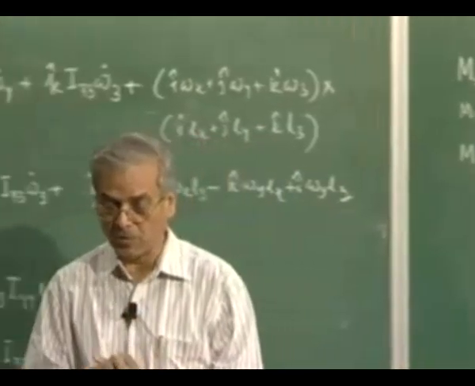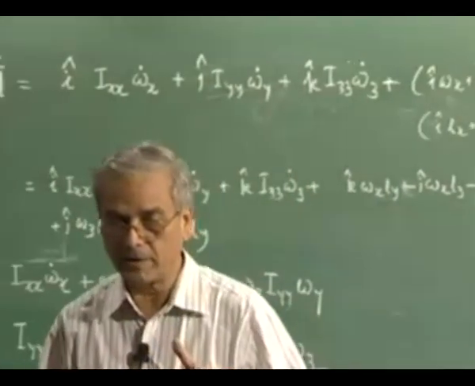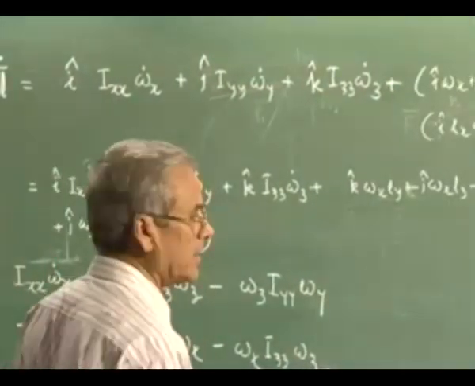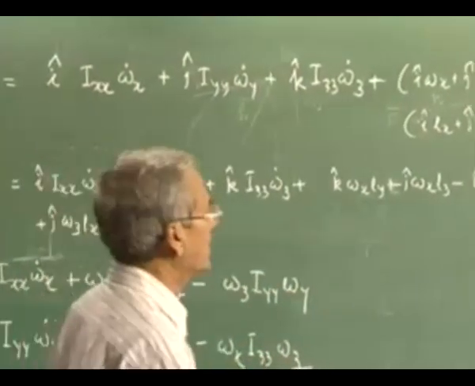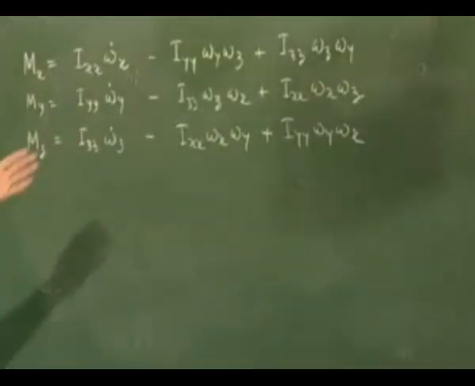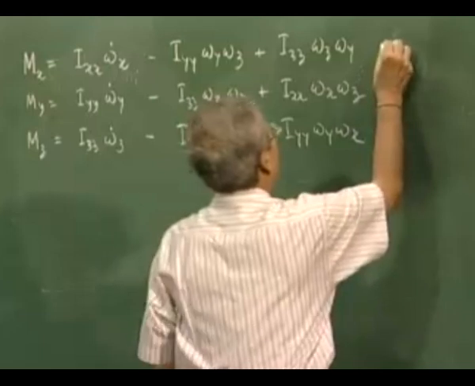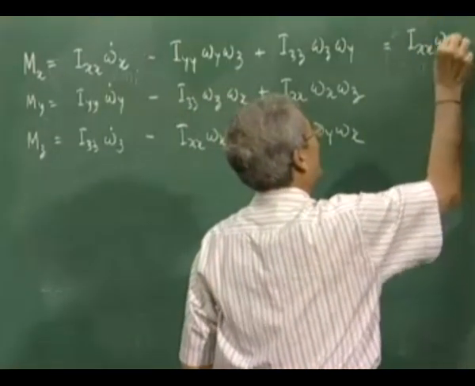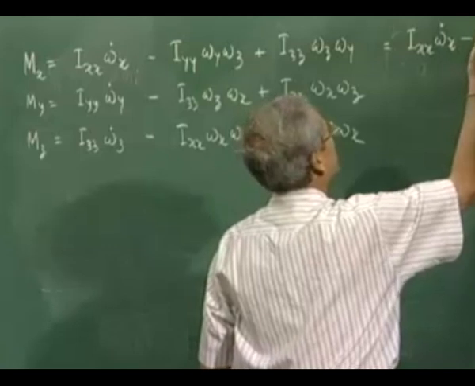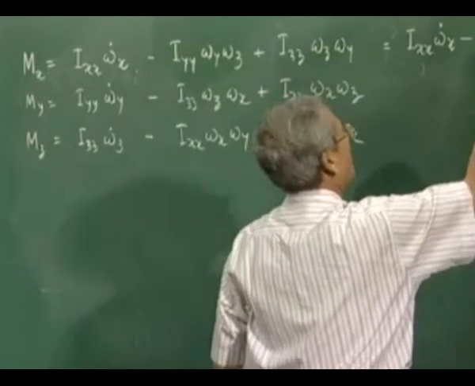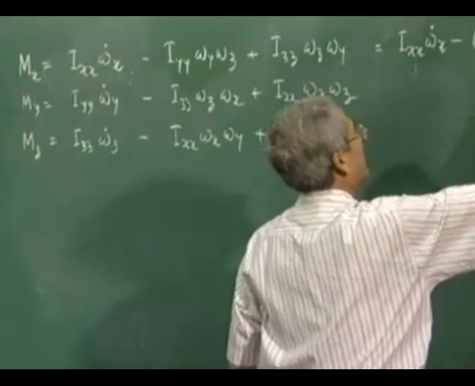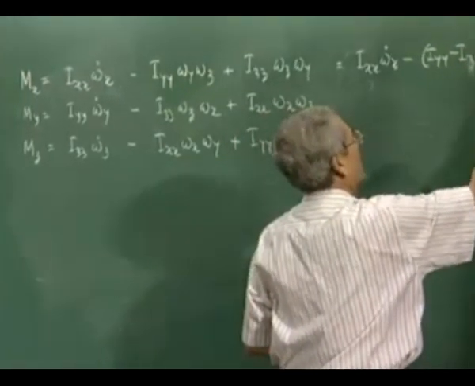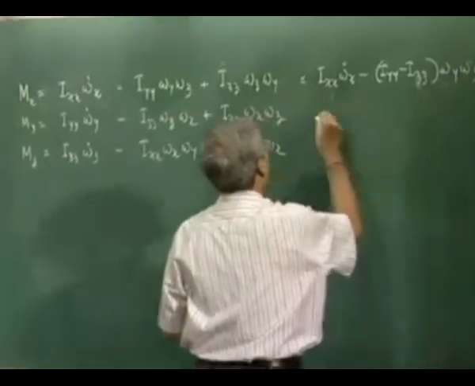And for the situation where the small xyz system is rigidly attached to the body, that means its angular velocity and the body's angular velocity are the same, then obviously this can be taken common. Minus Iy Iz omega y omega z.